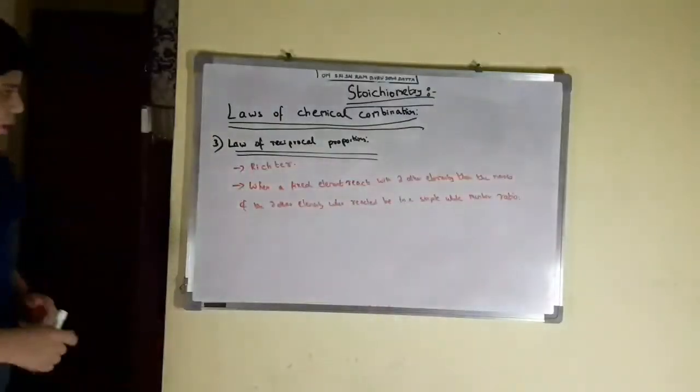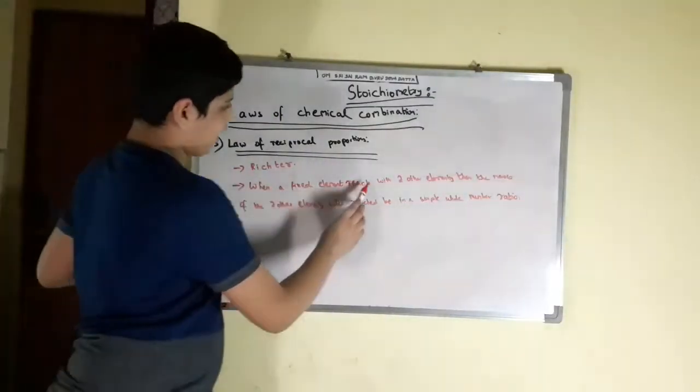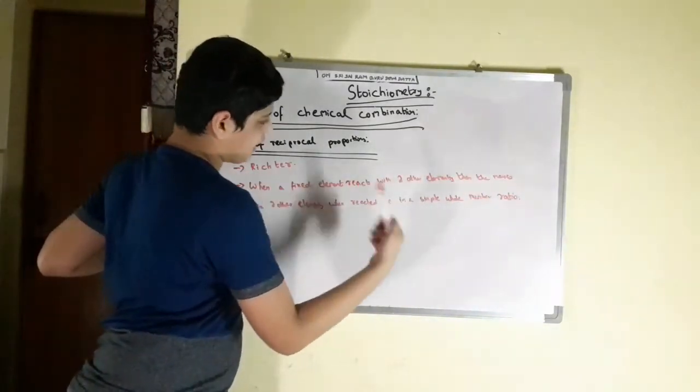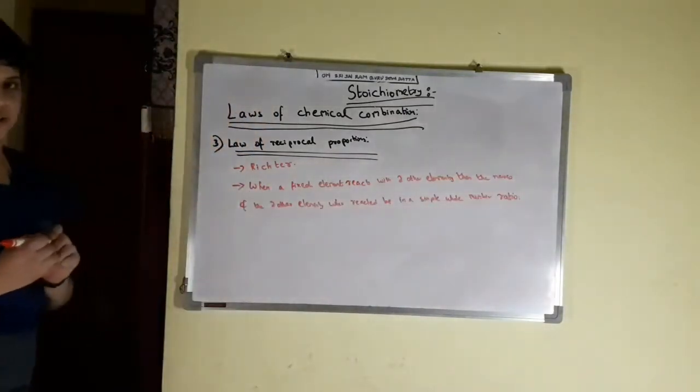Okay. Now let us take an example for this one. When a fixed element reacts with two other elements, then the masses of the two other elements when reacted with each other are in a simple whole number ratio.